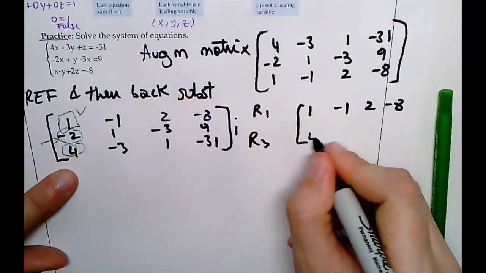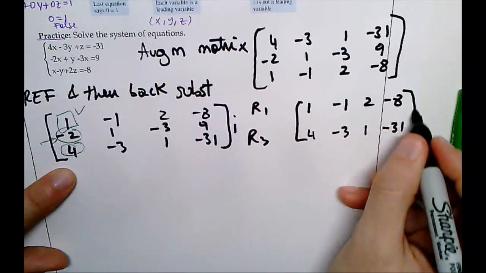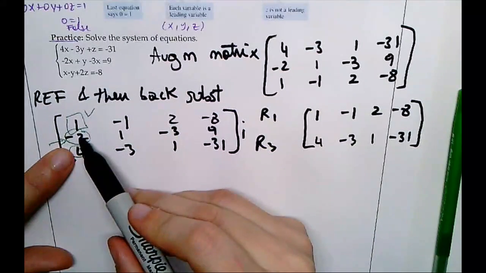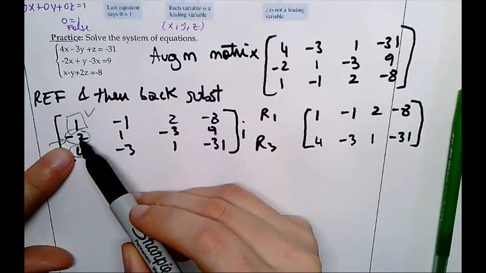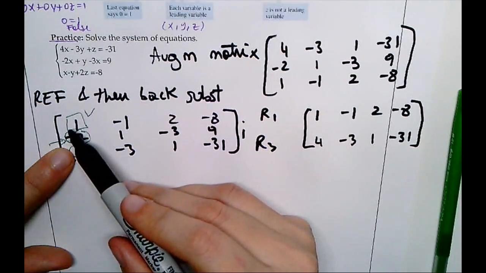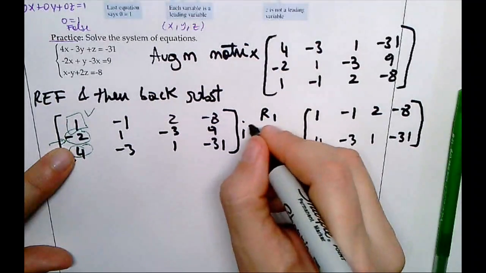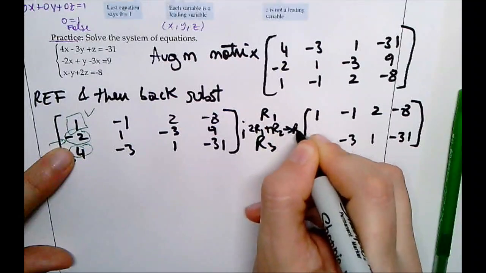It's a -2 now, so what multiple of row 1 can I add to row 2 to make this a 0? Well, 2, because 2 minus 2 is a 0. So 2 times row 1 plus row 2 is going to become my new row 2.